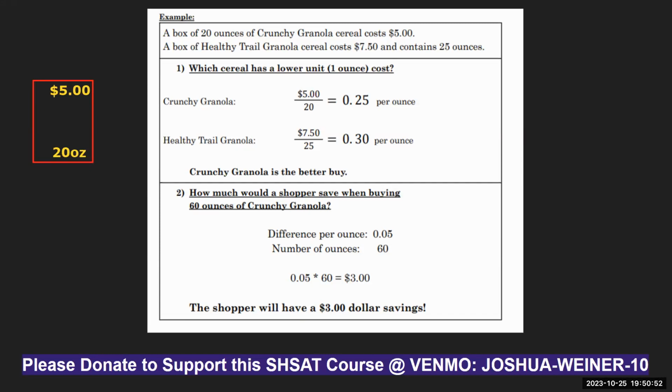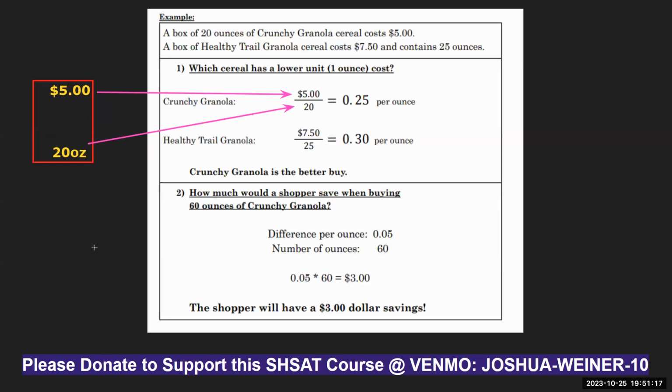We take the sticker price on the top, $5, that'll be the numerator. And we're dividing it by the amount that's in the box, which for crunchy granola is 20 ounces. So we set up the fraction price over the number of units we're getting.